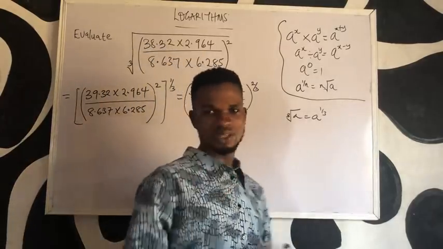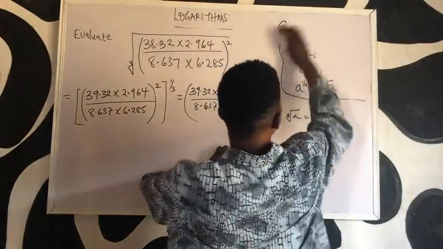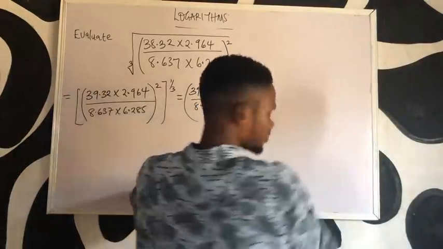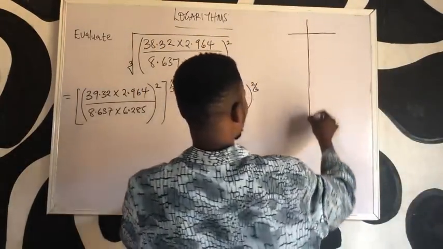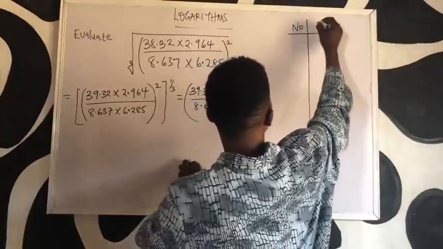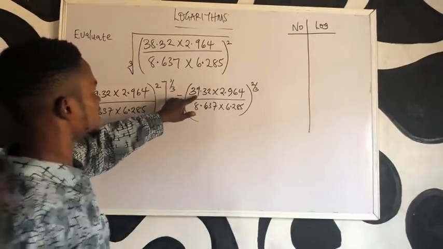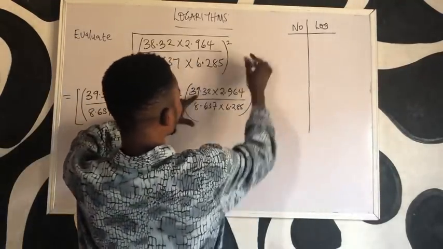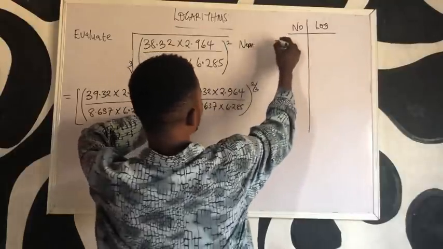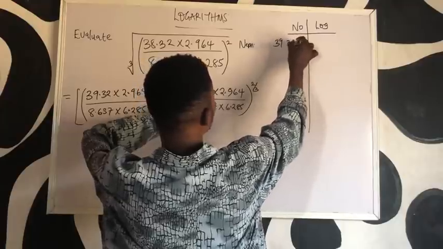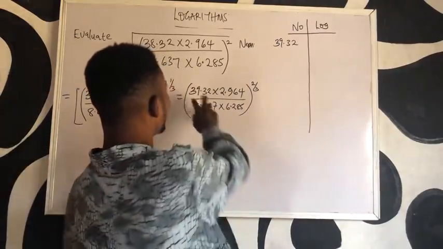Then after that, we look for the logarithm of the numbers. First number here, let's deal with the numerator, 39.32. As usual, how many numbers before the decimal point? We have two numbers.